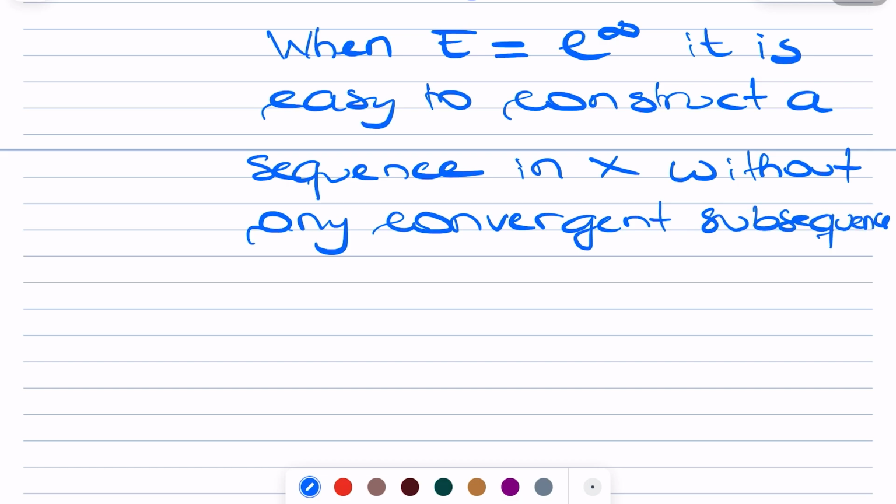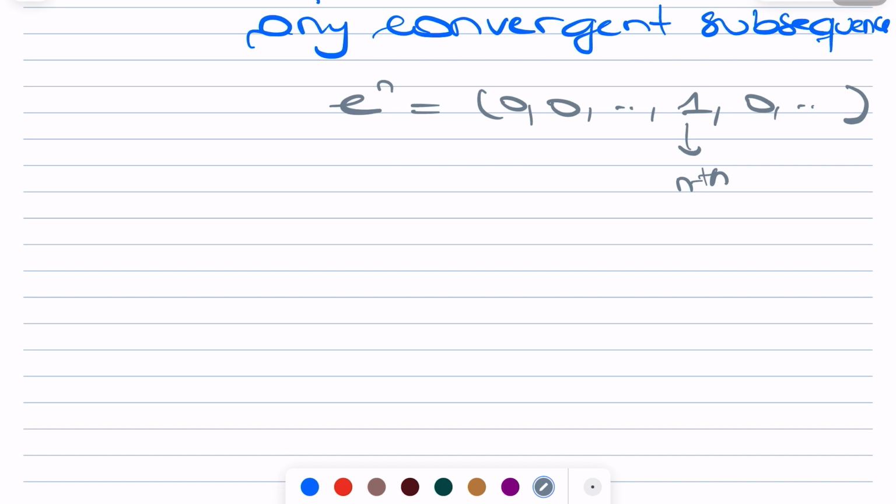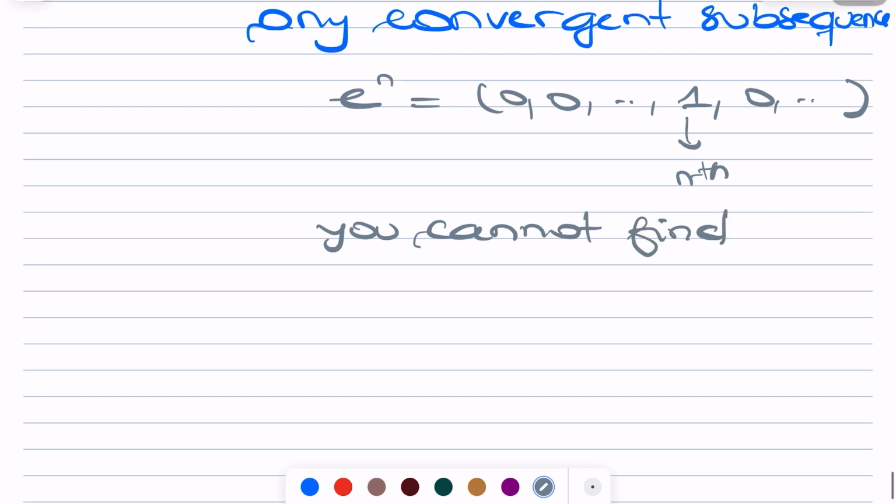For instance, you can take the Schauder basis, where you only have one at the nth position. For this sequence, you cannot find a convergent subsequence.